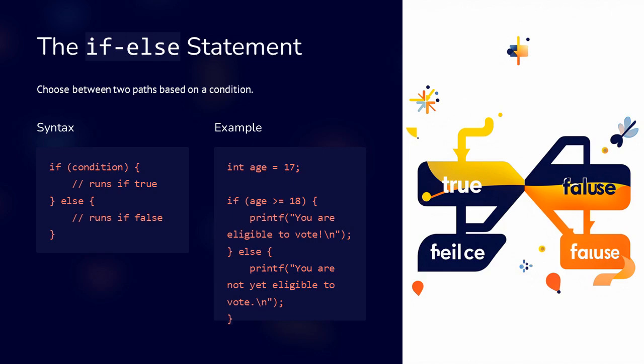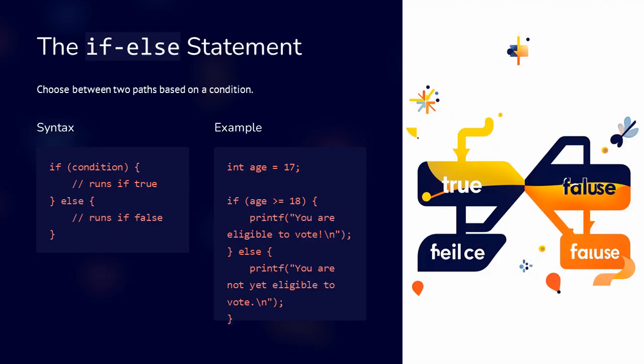If age >= 18, within the braces, printf "you are eligible to vote", else printf "you are not eligible to vote". In this example, we are taking a value of age as 17, and we are giving an if condition where age is greater than or equal to 18.